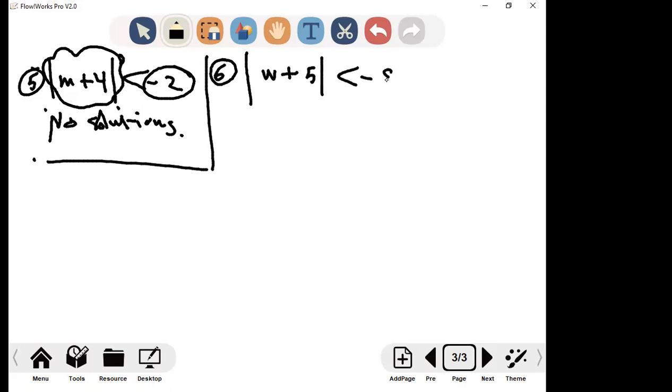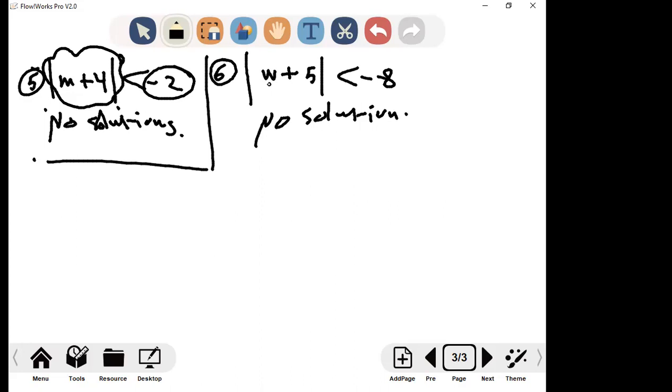First, less than negative, also no solution. Give me a number. Think about a number. If you put it in place of W and take the absolute value, the absolute value always gives a positive result, right? Can this positive value be less than negative 5? No, it cannot be.